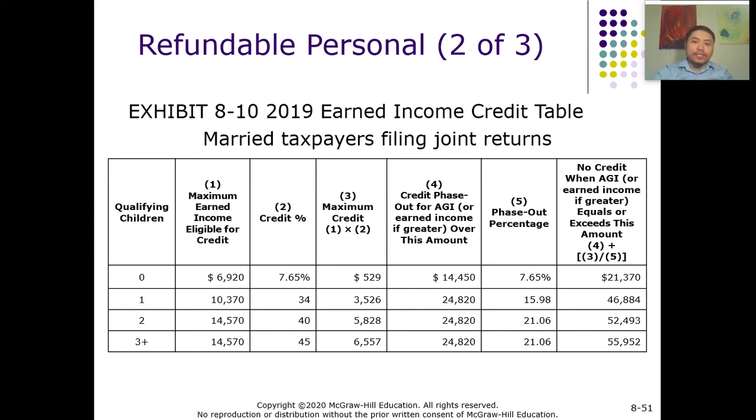Let's say if you have 0 children and you make somewhere around $15,000, then maybe you can still claim some of the credit, right? But after your income rises above 21,370, then you cannot claim this credit anymore, right?